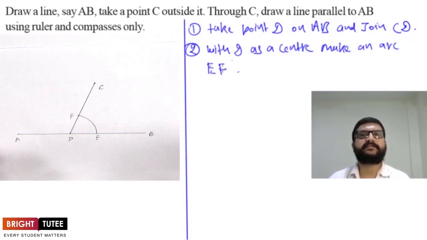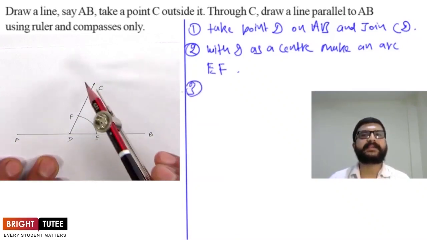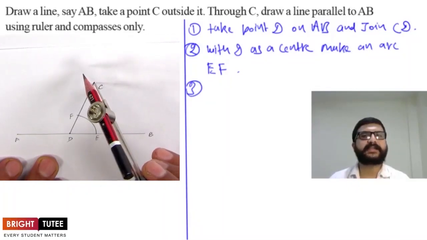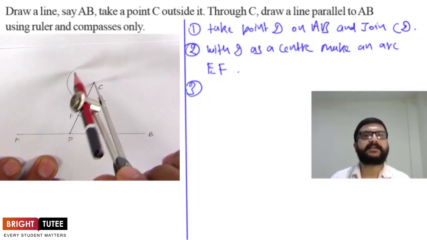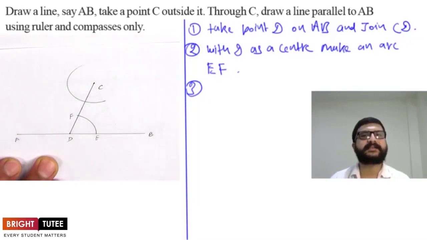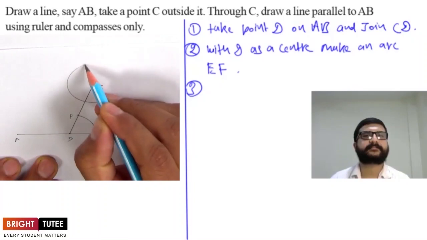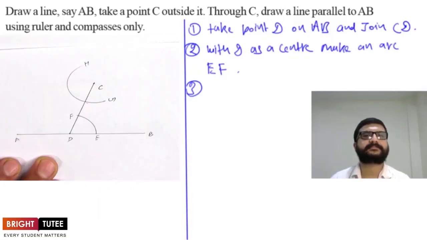Now the next step is, with the same radius, the radius which we have taken here, we have to draw an arc through point C. That is, we take point C as a center and make an arc with the same radius. Let's say this is arc GH.